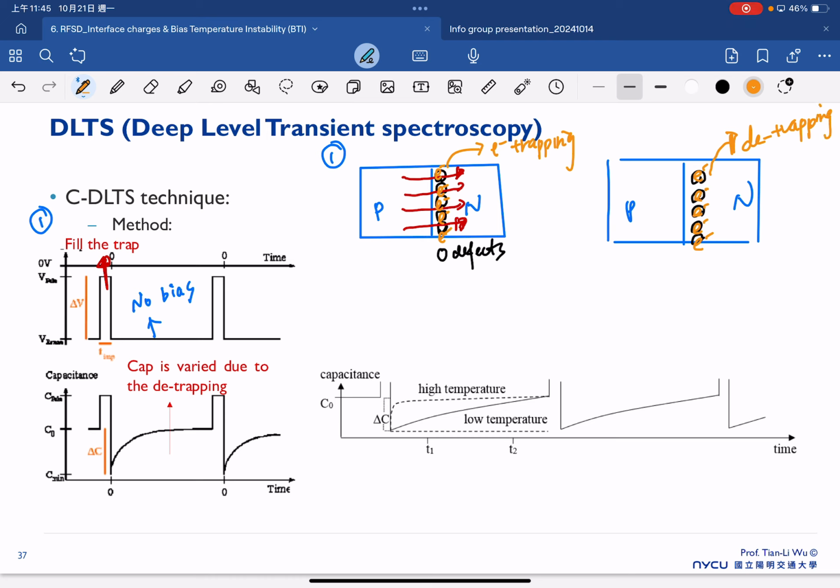So we can start to foresee this electron detrap.